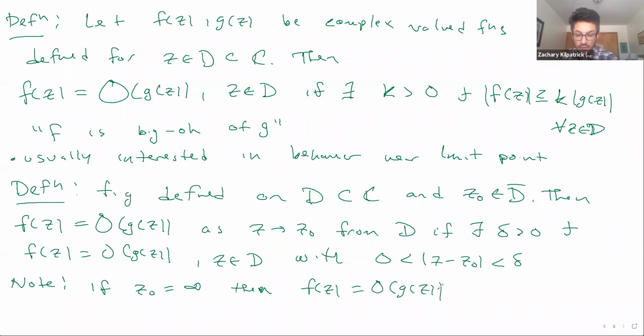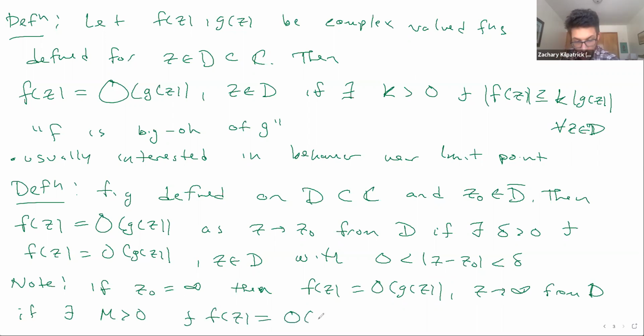Then f is big O of g as z goes to infinity from D, if there exists an M greater than 0 such that f(z) is equal to O of g(z), z being in D, for the magnitude of z being greater than M. So this is just a slightly different way of putting it if we're taking a limit out to z is infinity.